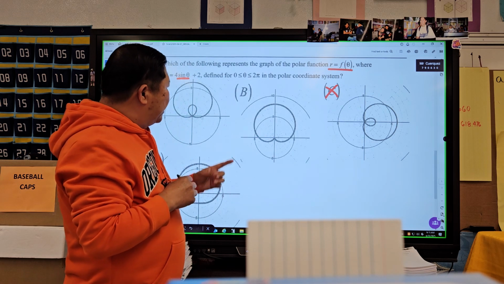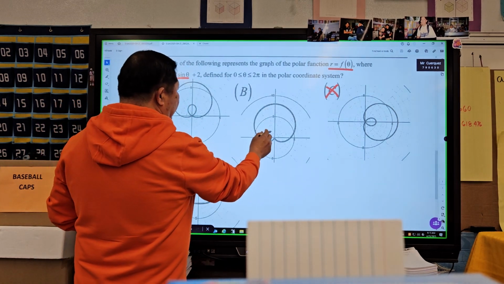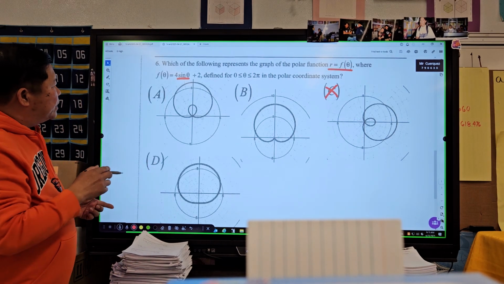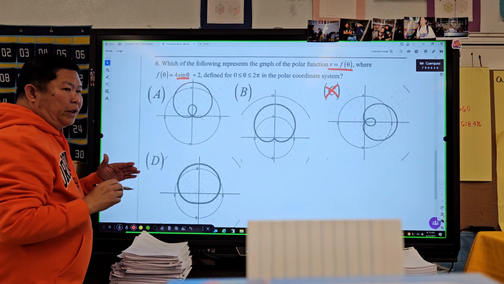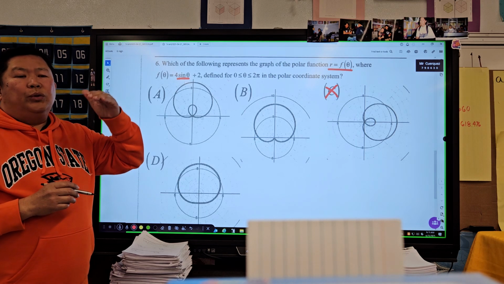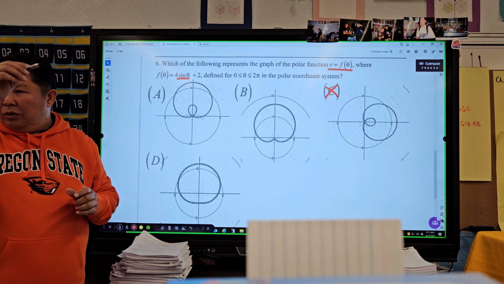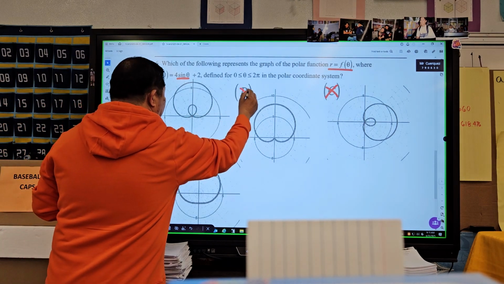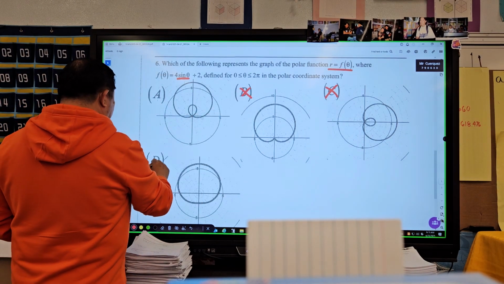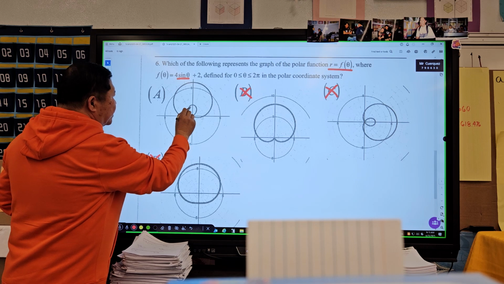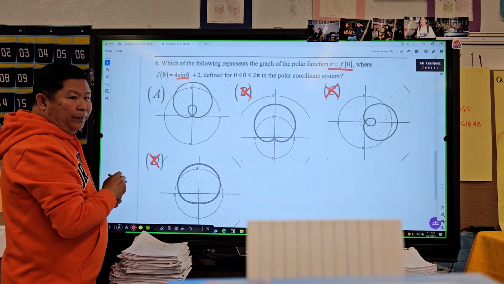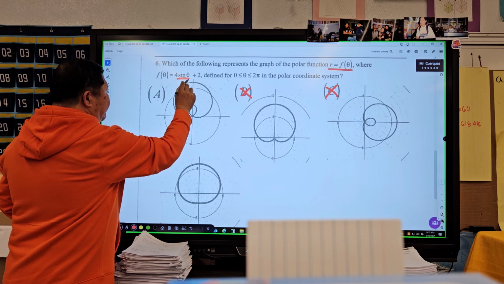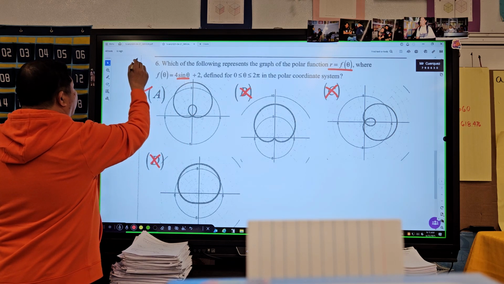So we cannot choose this one because it must be 4 from the origin. But because of this plus 2, that means there is 2. So we cannot choose letter B. We cannot choose also this one. But this one, it has 2 circles, right? This is plus 2. And then after that, we're gonna have 4 units. 1, 2, 3, 4. So A is the best option.